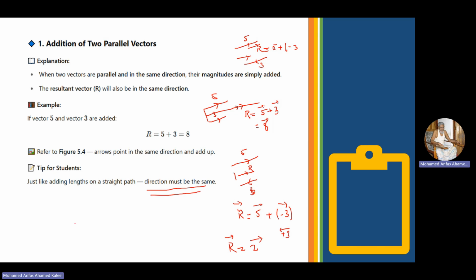If you are taking the resultant force in a particular direction, you take that direction as positive, and the opposite direction as negative. So you have to consider sign conventions when adding two parallel vectors.